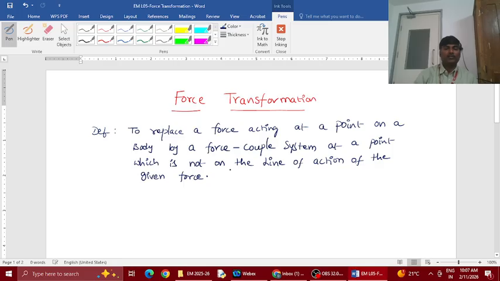Okay, so this is what is meant by force transformation.